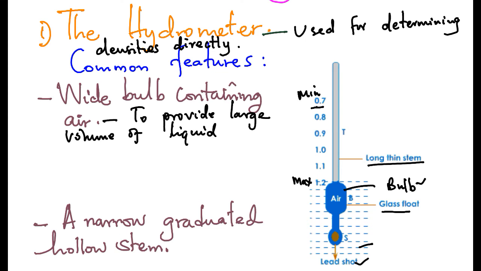When there is a large volume of liquid, it implies that the upthrust would be sufficient to keep the hydrometer floating.